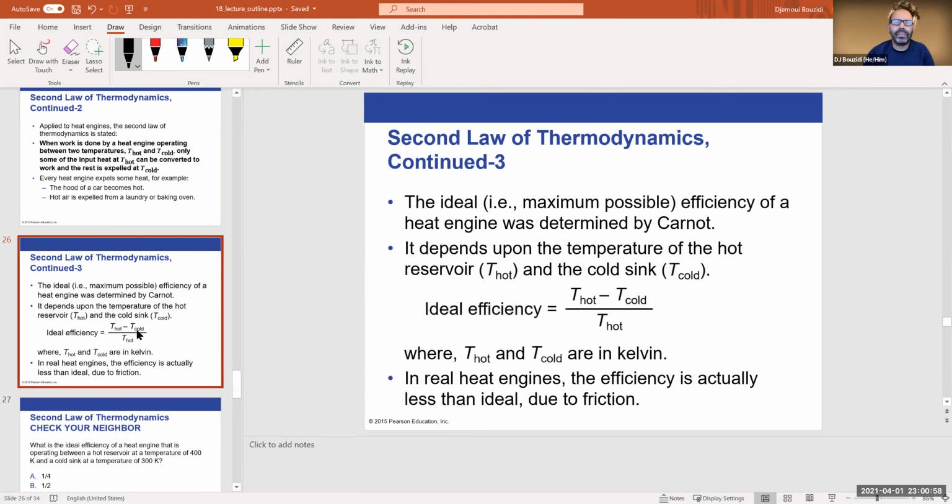So this is the ideal engine. This is the Carnot engine. No engine can be as efficient as Carnot, no matter what that is. His name was Sadi Carnot. He was an engineer for the French army, and he computed the engine, and this is the efficiency he came up with.